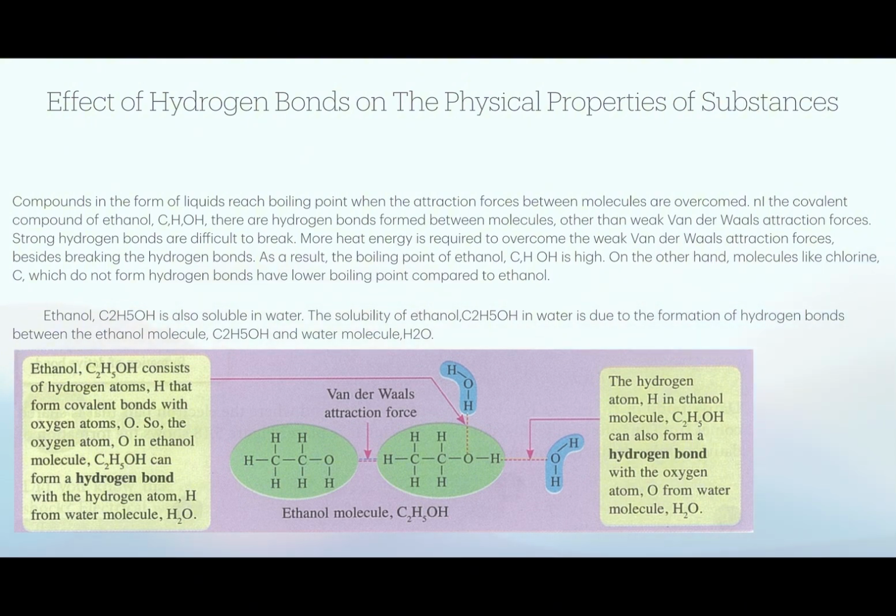Ethanol, C2H5OH, consists of hydrogen atoms, H, that form covalent bonds with oxygen atoms, O. So the oxygen atom, O, in the ethanol molecule, C2H5OH, can form a hydrogen bond with the hydrogen atom, H, from the water molecule, H2O. The hydrogen atom, H, in the ethanol molecule, C2H5OH, can also form a hydrogen bond with the oxygen atom, O, from the water molecule, H2O.